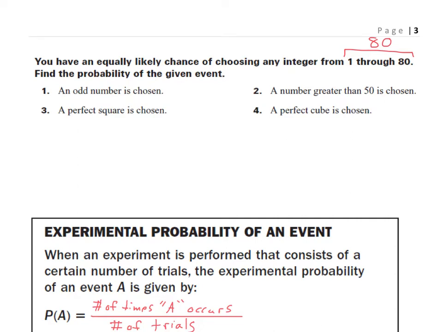So half of the numbers from 1 to 80 are going to be 40 of the numbers. So there are 40 of these odd numbers. So our probability is going to be 40 out of 80, which of course reduces to 1/2. So I would like you to take a minute and answer question number 2, question number 3, and question number 4.